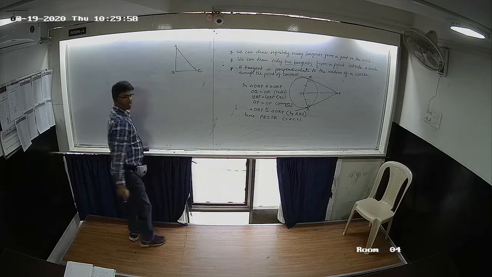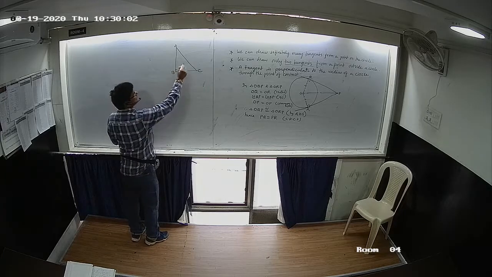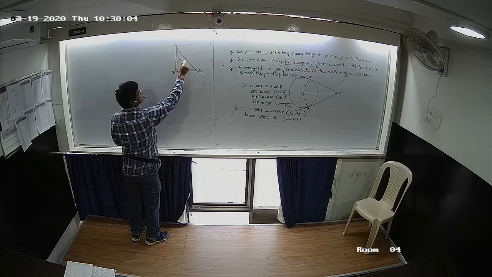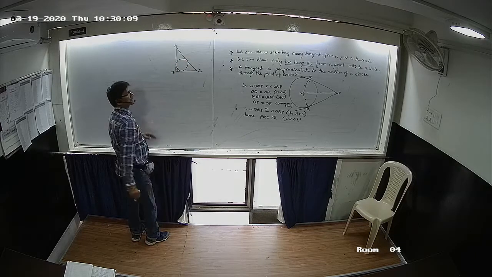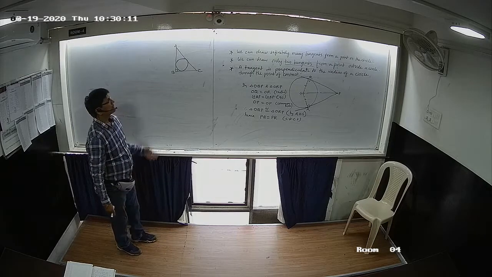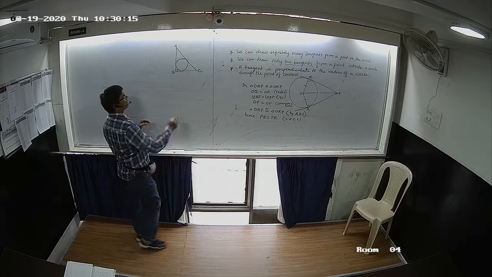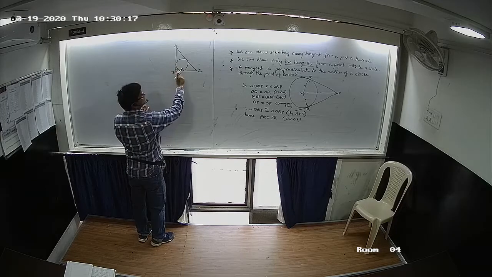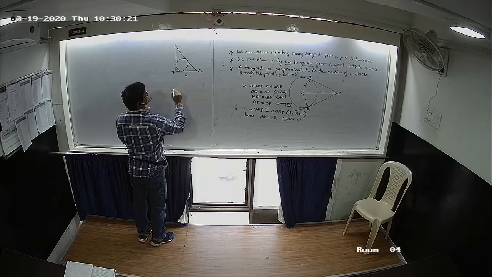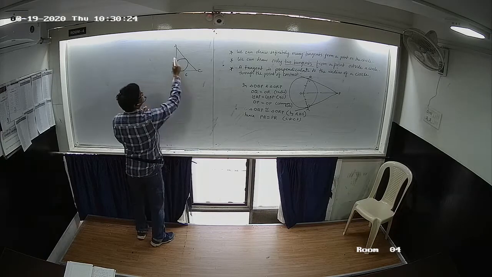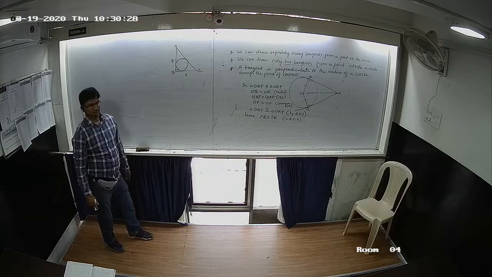ABC is a right angle triangle, right angle at B, and a circle is inscribed. Let's draw a circle, and you need to find out the radius of this circle. The side BC is 6 and the side AB is 8.